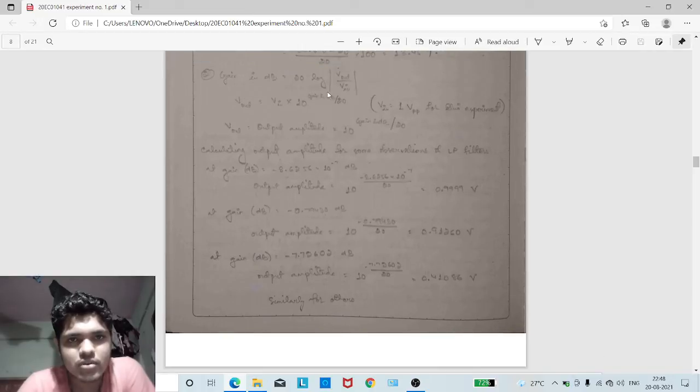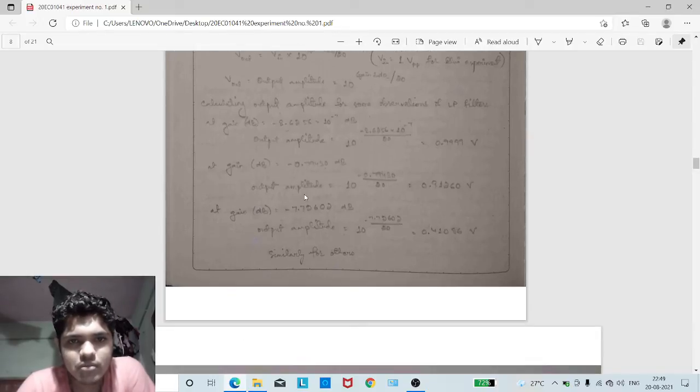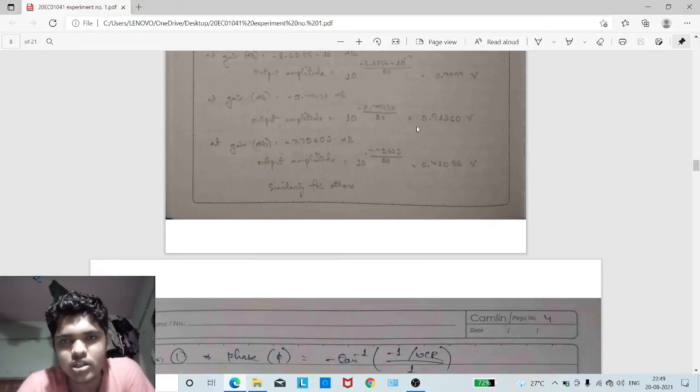The gain in dB comes from the formula Vout equals Vin into 10 raised to the power of gain in dB divided by 20. So for the respective gain in dB we will find the output amplitude too, and similarly we will do it for the others also.